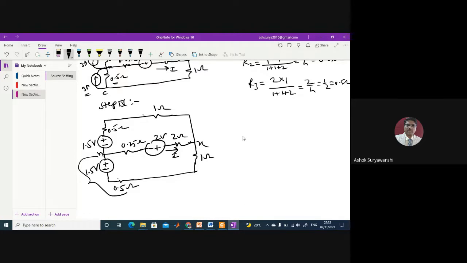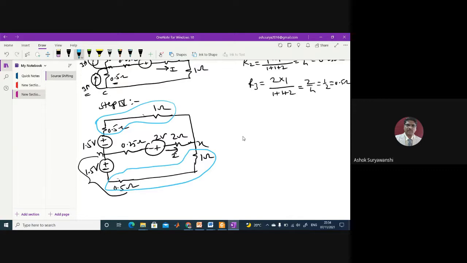Further we can see these two resistors are in series, so we can add them. Similarly these two are in series, we can add them, right? And then we can simplify that.